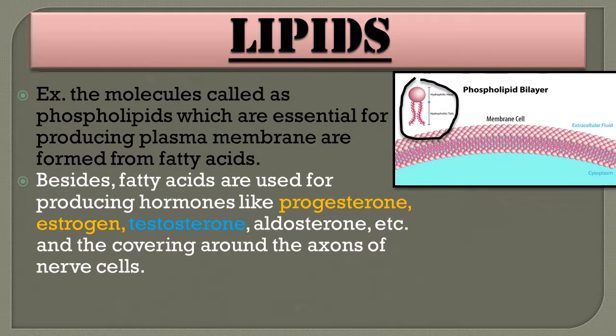Besides, fatty acids are used for producing hormones like progesterone, estrogen, testosterone, aldosterone, etc., and for covering the axons of the nerve cells. Students, what are progesterone and estrogen?